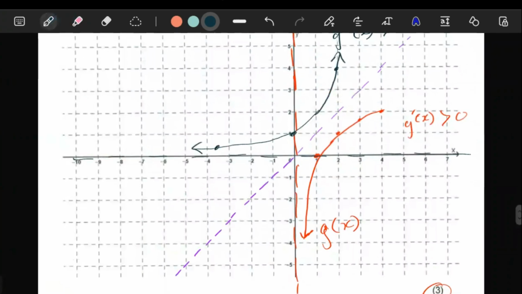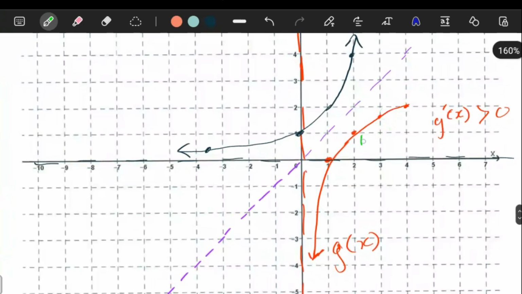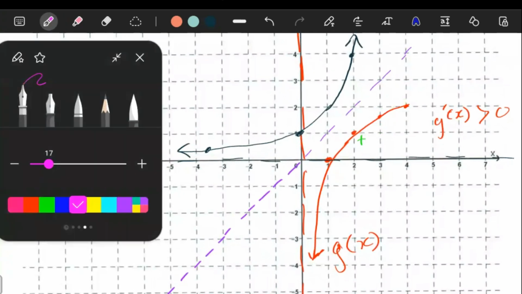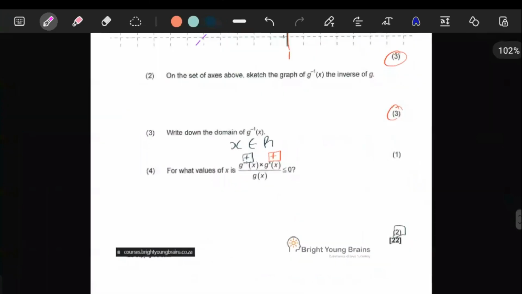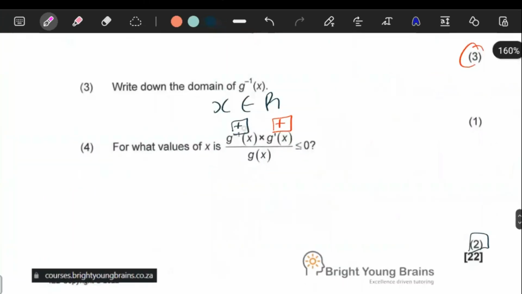So the y values of g, you have positive y values over here, and then you have negative y values down here. You see, so what we may need to consider here is this particular x value. But anyways, what we know is this can be positive or negative. The top part can only be positive.